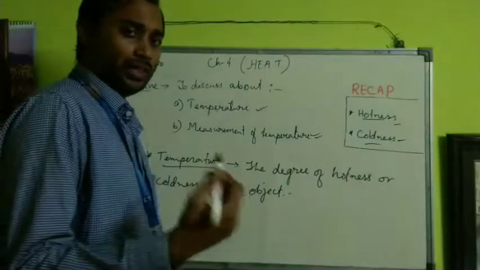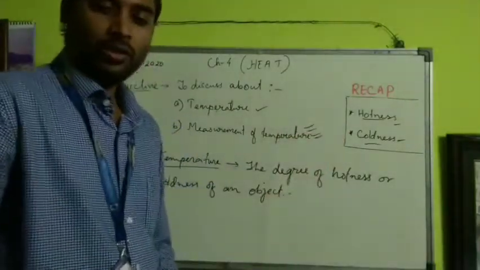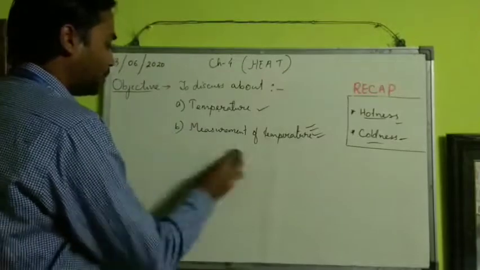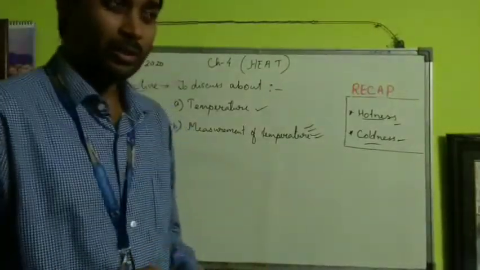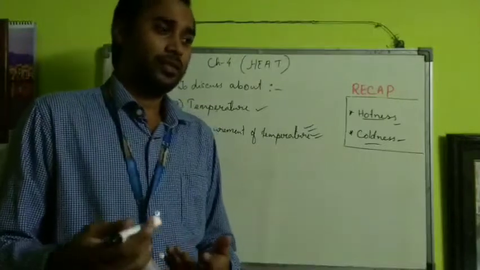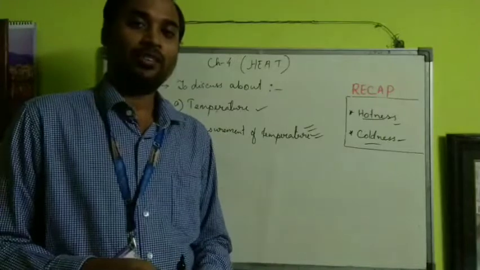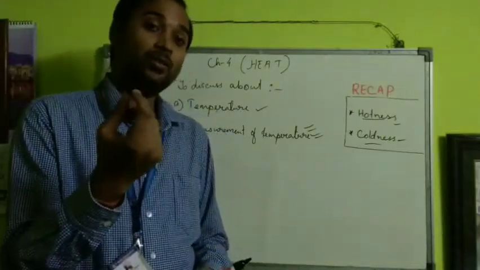Now let's talk about the second topic, that is measurement of temperature. How can we measure temperature? What are the different instruments that can be used to measure temperature? In our homes, when we fall sick, our parents come with an instrument, and that instrument is called a thermometer.